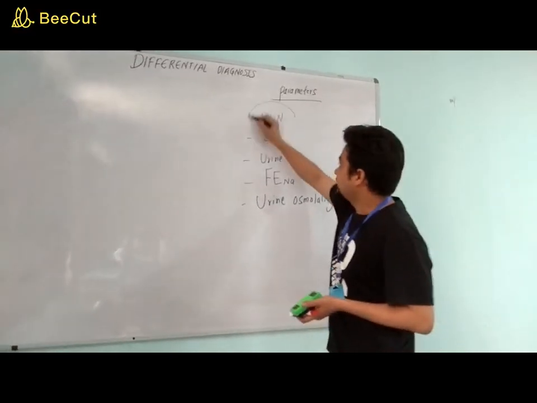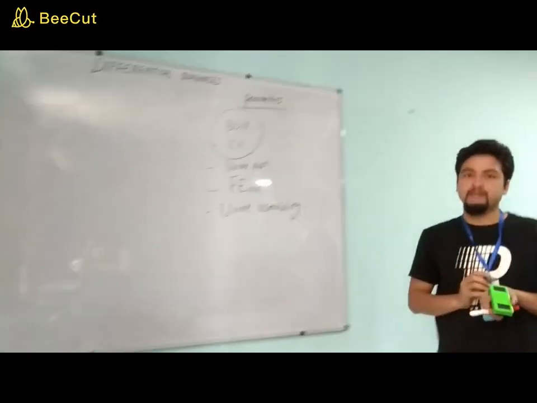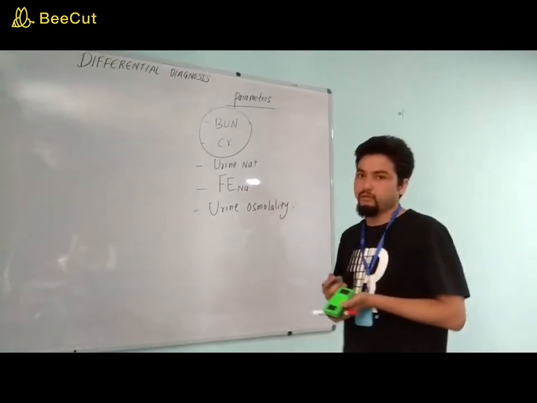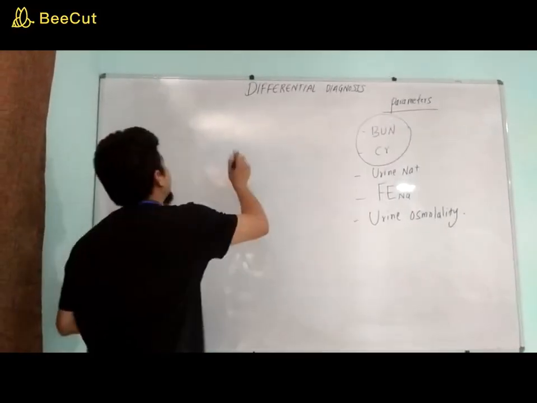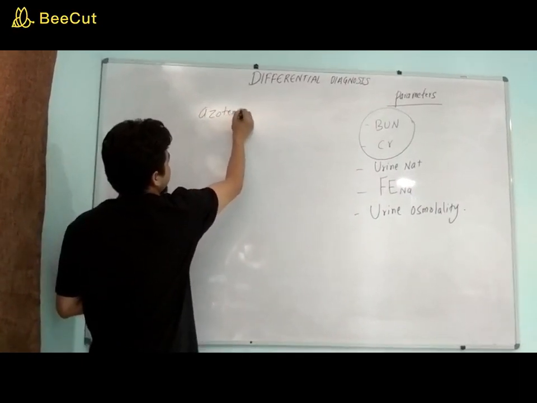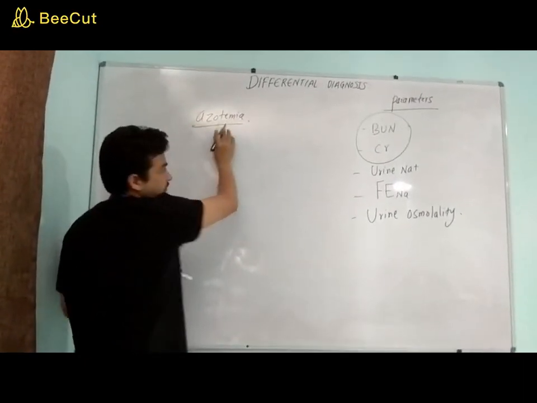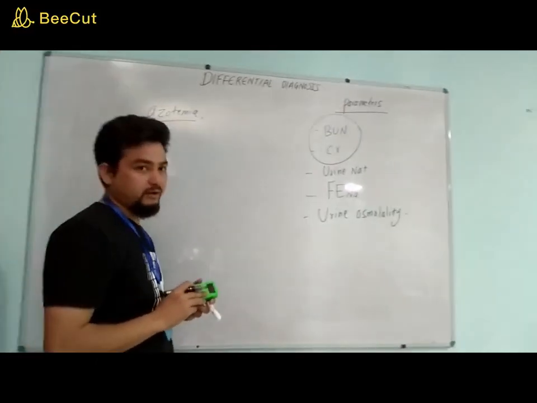As you all know, blood urea nitrogen and creatinine are also known as nitrogenous compounds, which are present in our blood. And if these nitrogenous compounds accumulate in our blood, the term is known as azotemia. Azotemia means excess accumulation of nitrogenous compounds in our blood. Okay.